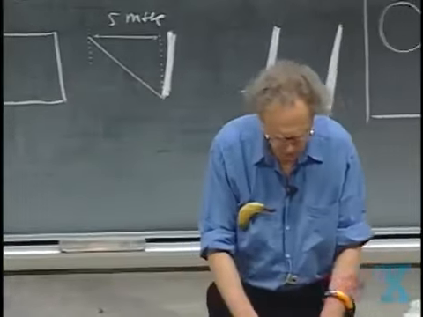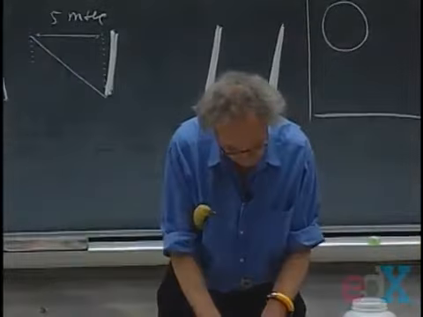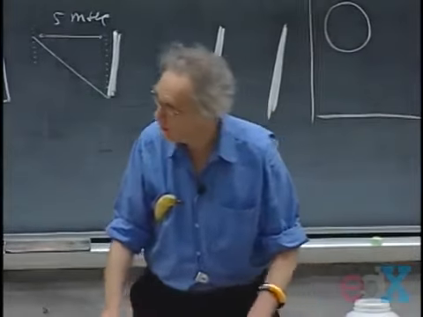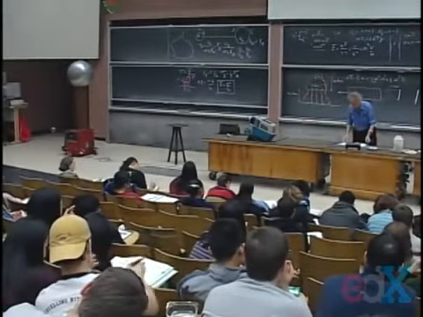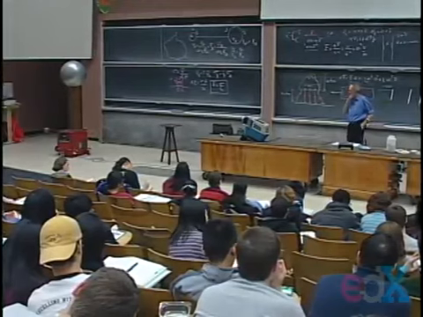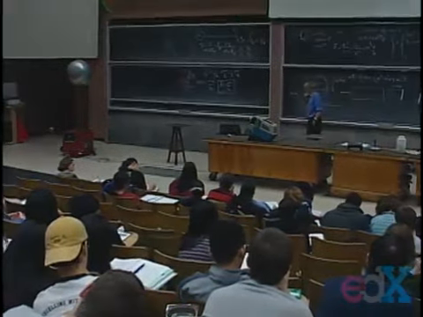So now I want to return to the Van de Graaff and show you some of the things that we have discussed. And the first thing that I would want to do is create some sparks.